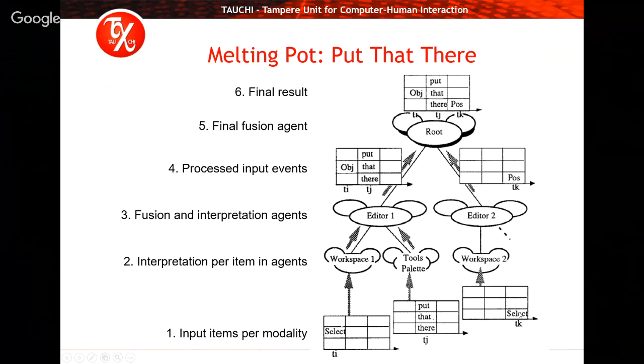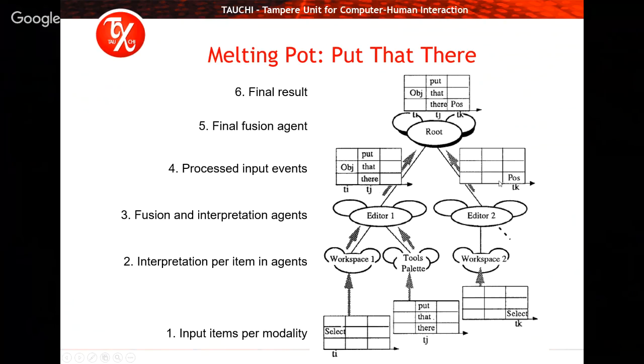From here this editor decides that this pointing is actually indicating a position. On the low level it was just the user pointing at something on screen. In this fusion, it was decided that this pointing is selection and this pointing is position on screen.